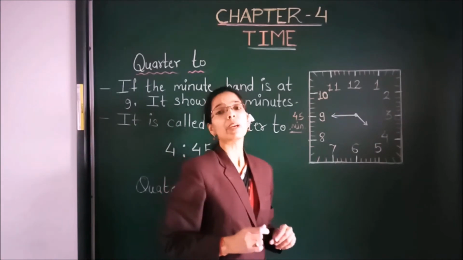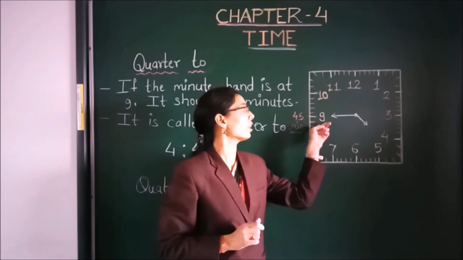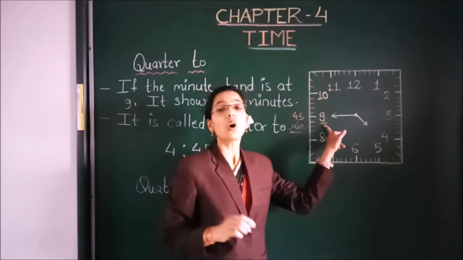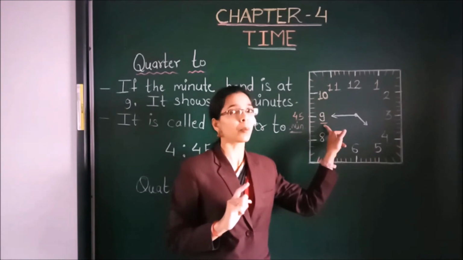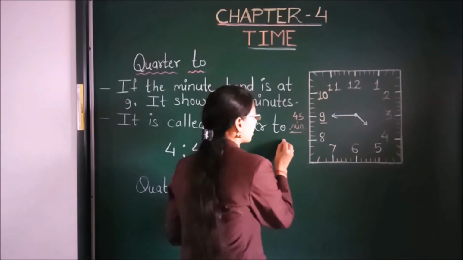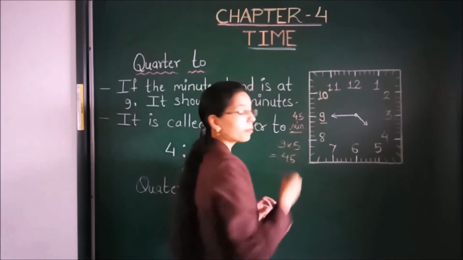We calculate the minutes by multiplying the number at the minute hand by 5. Which number is here? 9. So 9 fives are 45.